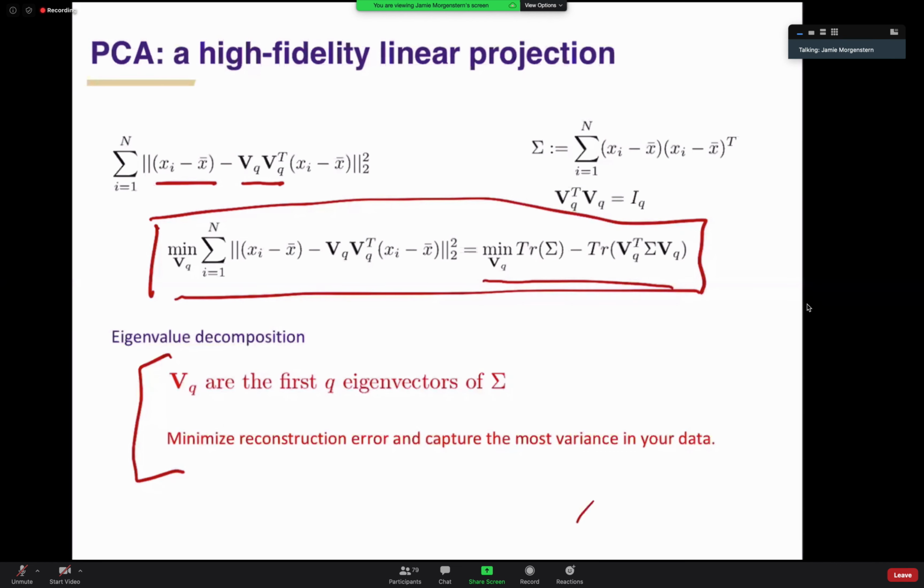And that will allow you to capture the most variance in your data with Q vectors that are all orthonormal, right? The reason we need this orthonormality constraint is that if we've captured the most variance in one direction, we want to make sure that whatever optimization we're doing doesn't capture that again and again, because you're not getting additional information by always moving in that same direction.